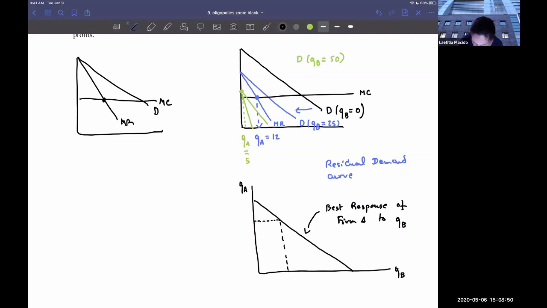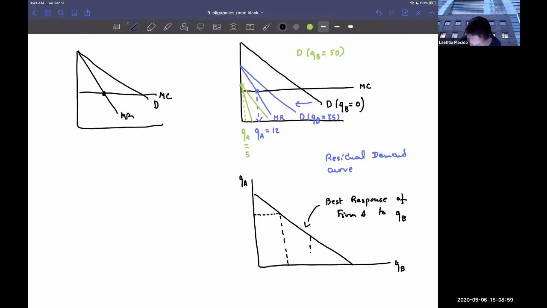So for instance, if I look at my blue curve here, when QB produced 25 units, the optimal response for firm A was to produce 12 units. Okay. And when firm B produced 50 units, the best response to that was for firm A to produce 5 units.